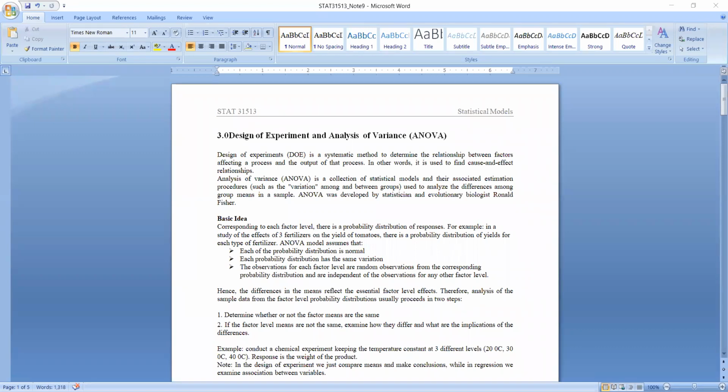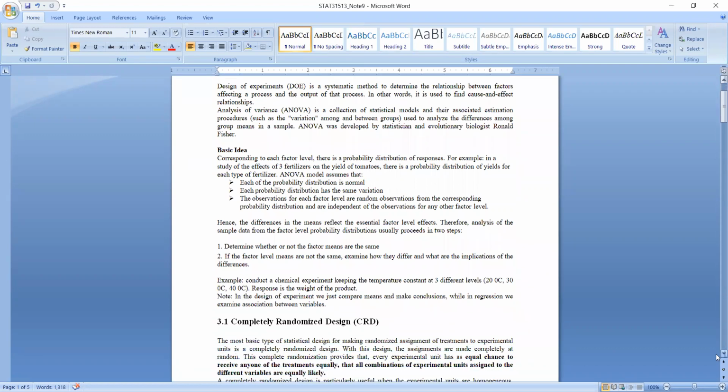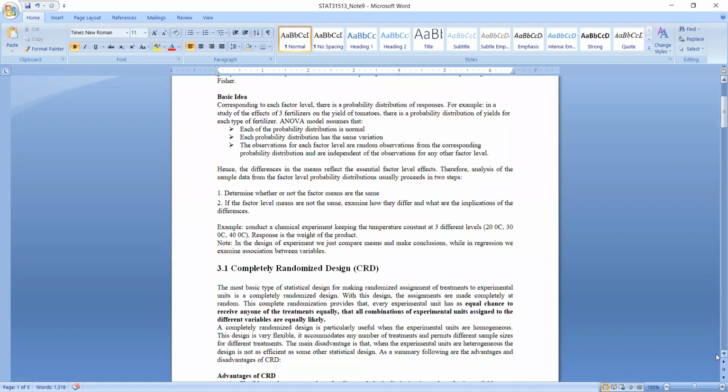When it comes to design of experiments, we can compare and make conclusions about which are the equal effects and which are the different effects. Likewise, we will discuss with an example, then you will understand.